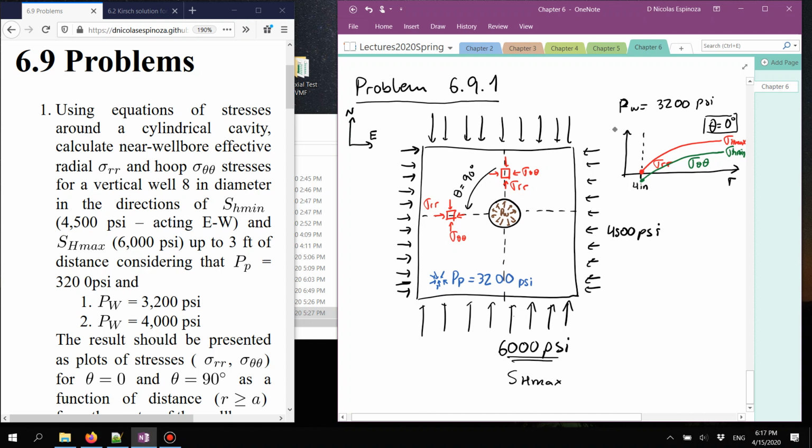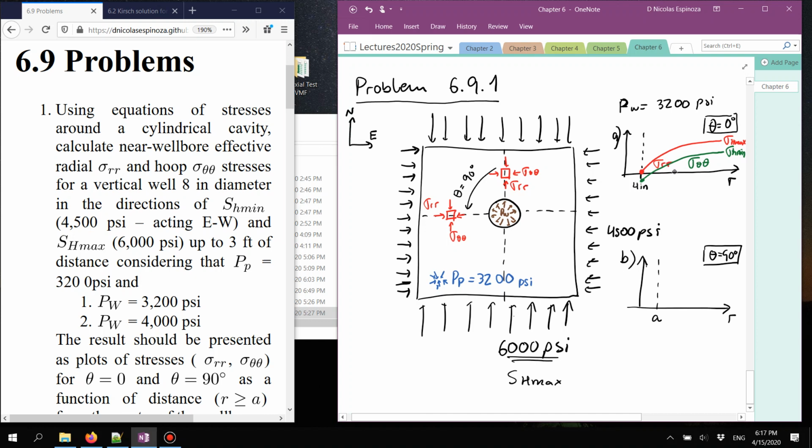Let's call it this one A. You can repeat B having the same plot where this is A or 4 inches, this is R, but now you repeat this for theta equal to 90 degrees. And you will see how those values of sigma theta theta and sigma RR change.